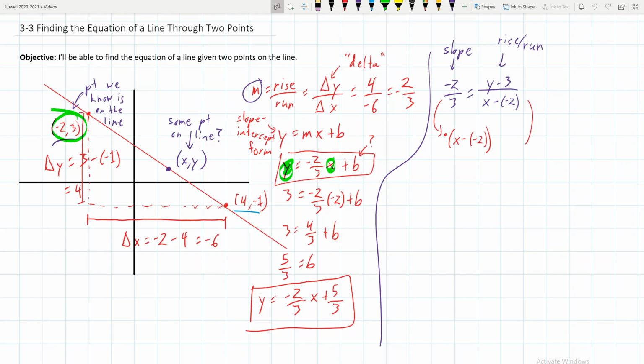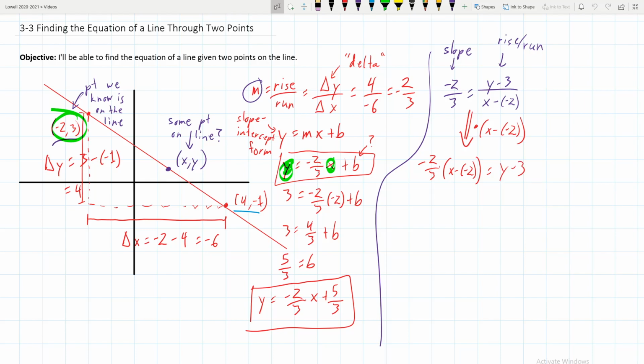I'm going to do the same thing down here on both sides. How can I write this? Because I ran out of space. I do want to leave it all together. So I'm going to just take this equation times x minus negative 2. And just know that I did that to both sides. I'm not going to do anything crazy here. I'm going to just leave it as negative 2/3 times that equals y minus 3.